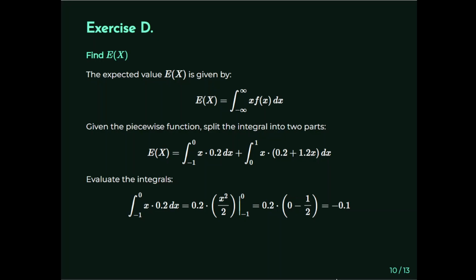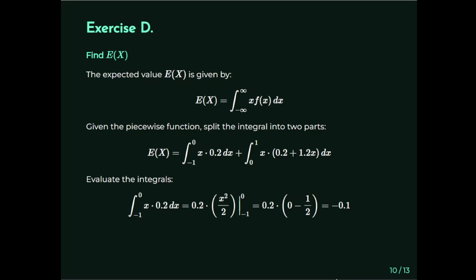Evaluated between 0 and minus 1, we get a value of 0.2 times, the upper limit is 0, the lower limit is minus 1. And when we evaluate that, we get a half. So 0 minus a half. Multiply that by 0.2 and we get our component equals minus 0.1.